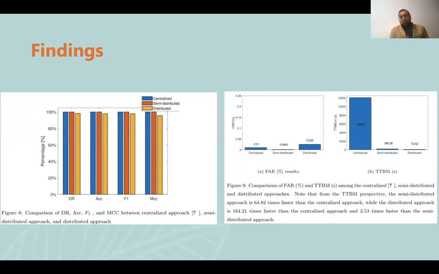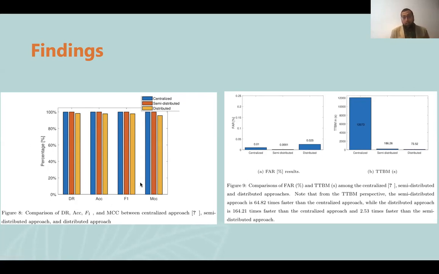So we cannot expect that our solution will be 100% or 99% and so on. The centralized approach is very high in terms of detection rate, accuracy, F1 scores, and correlation coefficients. What we notice is that in the distributed approach, this is like 94%.